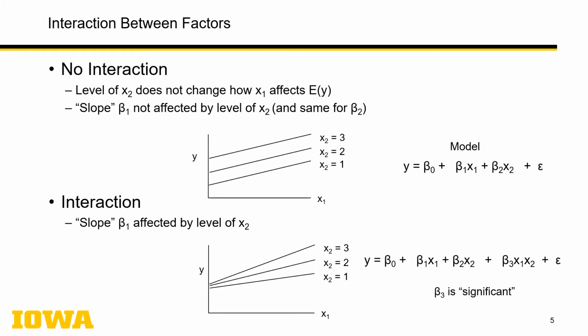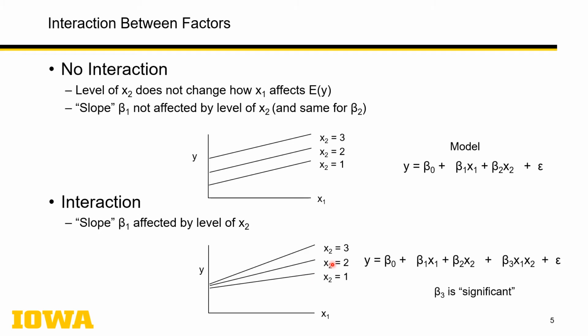Now for interaction, as you would expect now, something happens in which the level of x2 influences the way x1 influences y, if that makes sense. So for example here, again we have the same, pretend it's the same slope when x2 equals 1. It doesn't quite look like it in this graphic, but close enough. It's a positive increase.